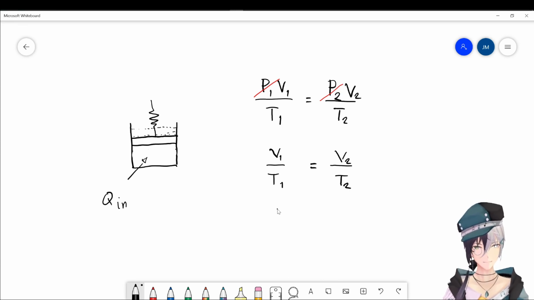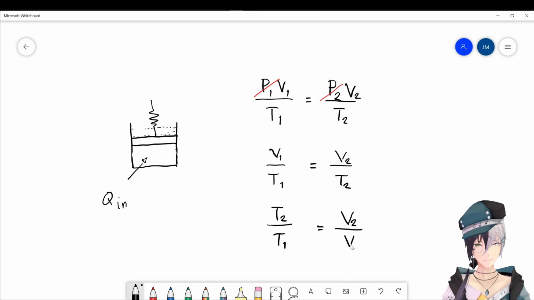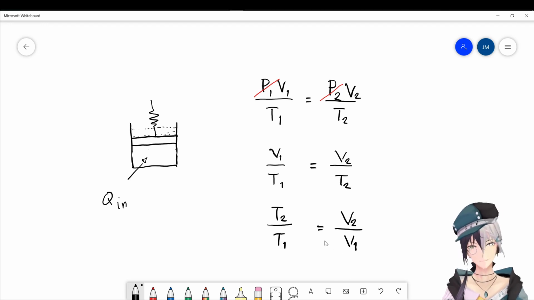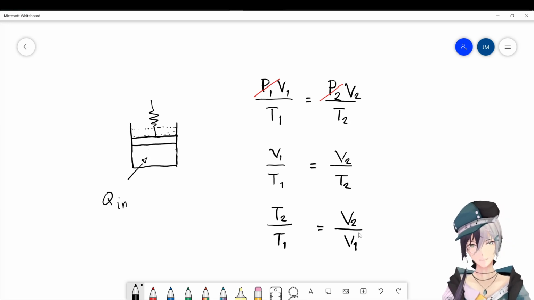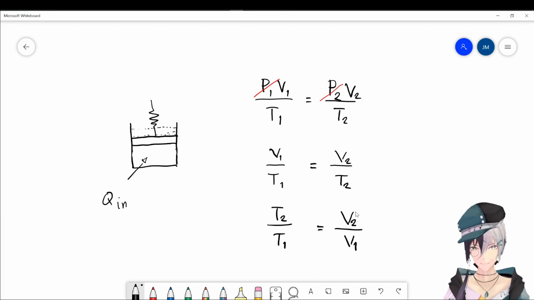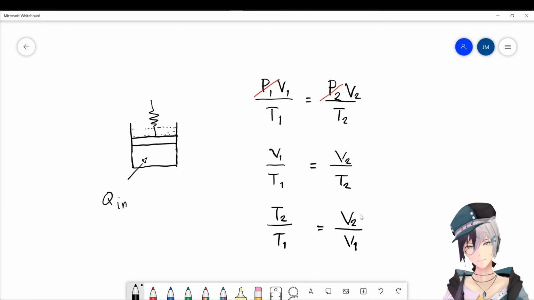Rearranging again, we have temperature 2 over temperature 1 equals volume 2 over volume 1. So temperature is directly proportional to volume in an isobaric process.